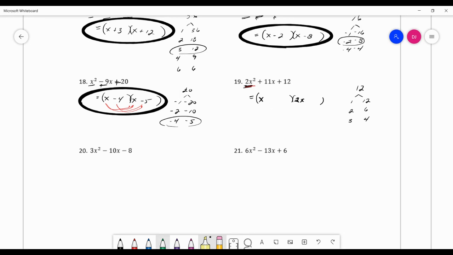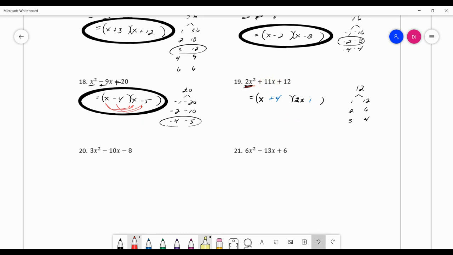Now, the other thing to be careful of is that plus 3 and plus 4 is not the right combination, but what if I tried it the other way around? In this case, notice x times 3 is 3x, and 4 times 2x is 8x, and those two do add up to the 11x.